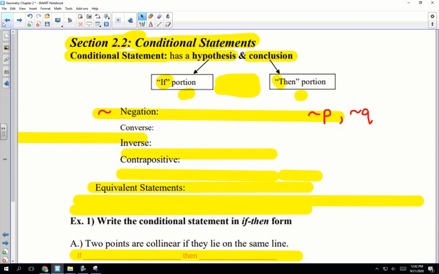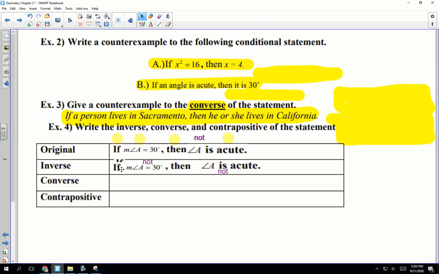All right, let's look at the converse so that we remember. A converse flips the hypothesis and conclusion, so it keeps everything the same, just flips them around. So let's get our if. And it takes our conclusion and puts it first.